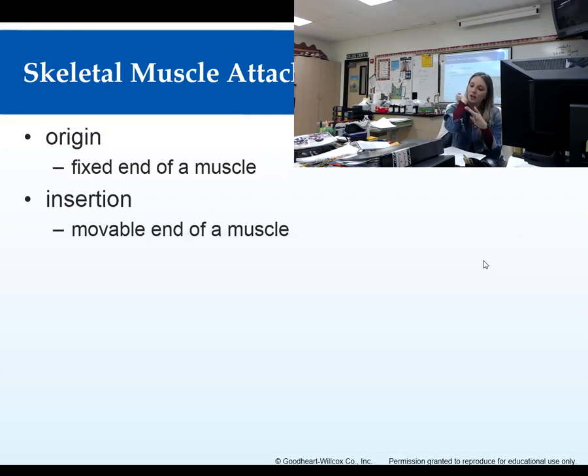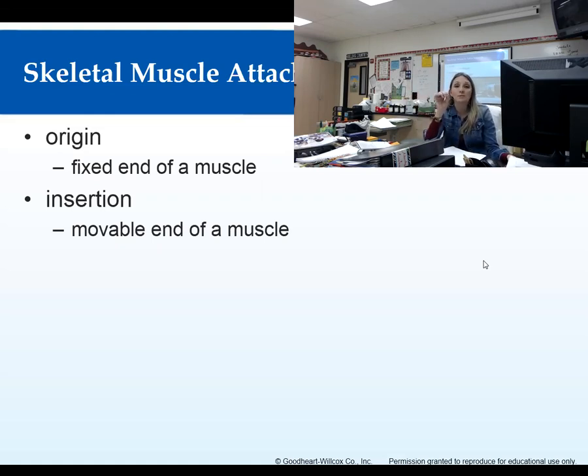I think I'm tired. So the ulna is your pinky bone back here. So you think about your triceps. It's attached up here at the humerus, and then it comes down and it's attached over your elbow, kind of to the ulna. When I flex my tricep, I'm extending my arm, because my ulna is moving backwards. So that's how you know origin versus insertion.